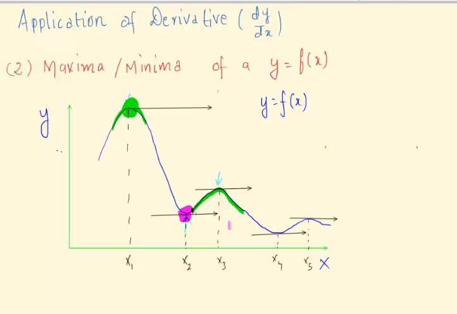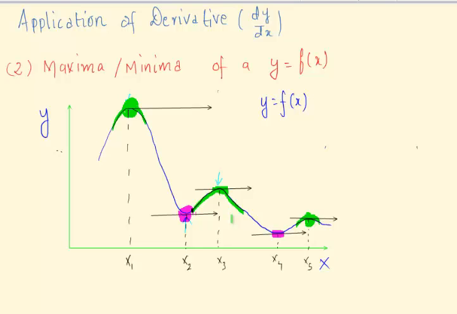Same goes with x3 and x4 and x5. At all maxima, which are highlighted by green, the tangent is really parallel to the x-axis and the slope of the tangent is 0.